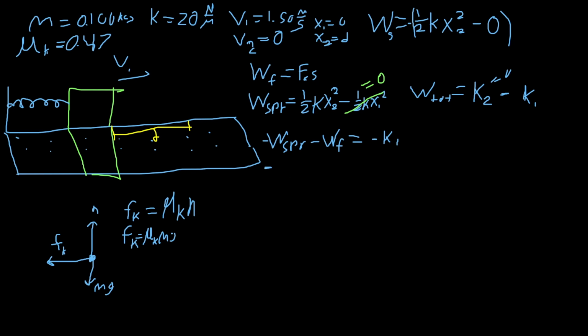So that'll leave us with a negative of our friction coefficient times mass times g. This is from our friction here. And then we'll have our minus of our spring work right here.